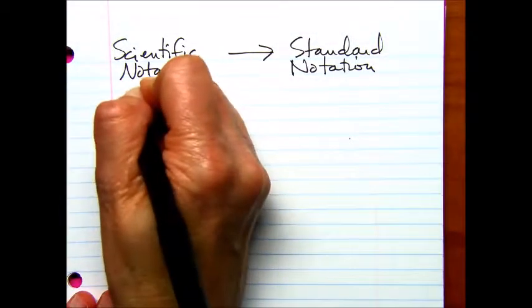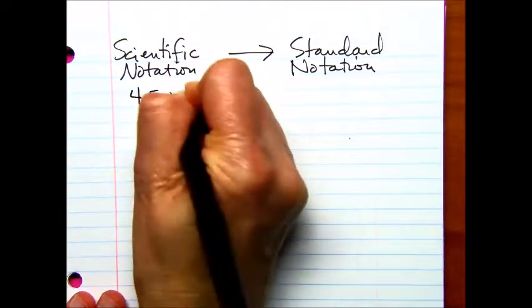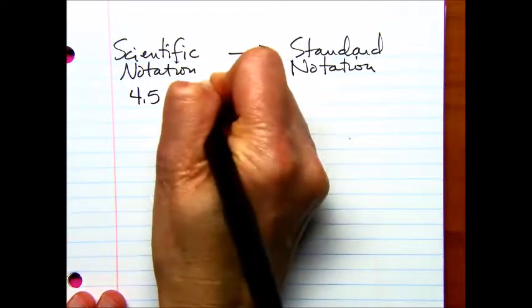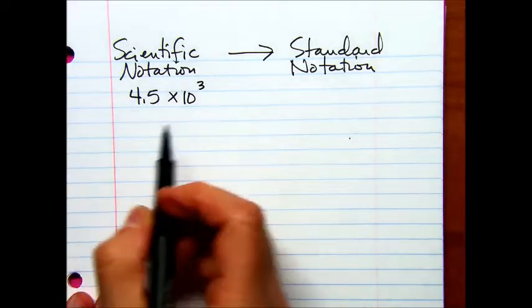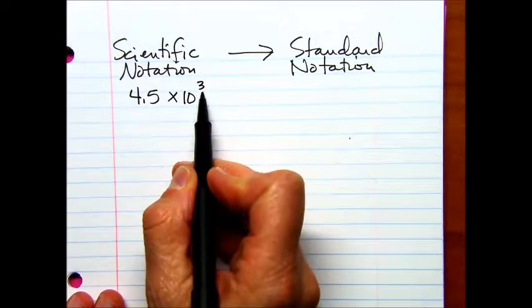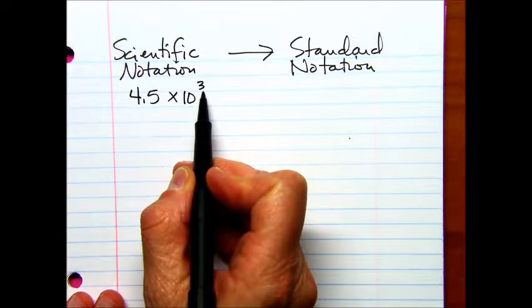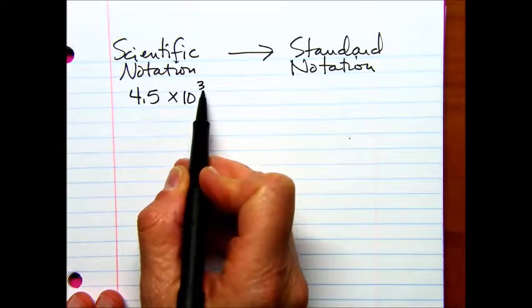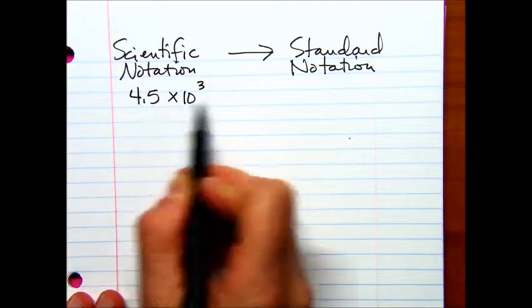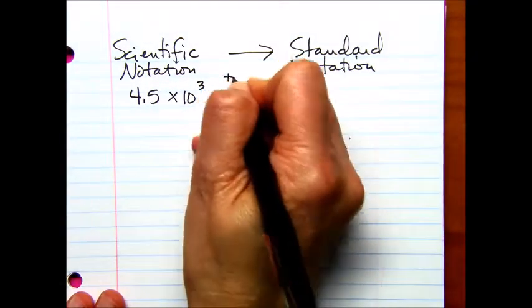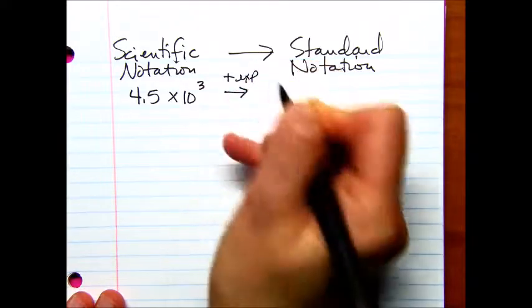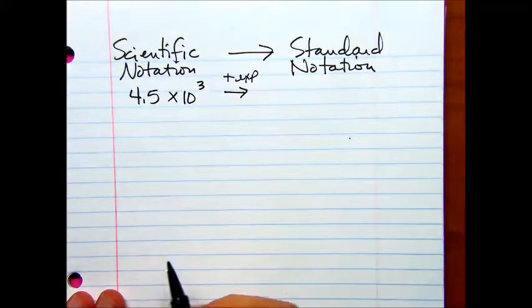Let's say we've got 4.5 times 10 to the third power. Basically, this 3 is telling us how many places we're going to move the decimal point. We're going to move the decimal point 3 places to the right. A positive exponent means we're going to the right.